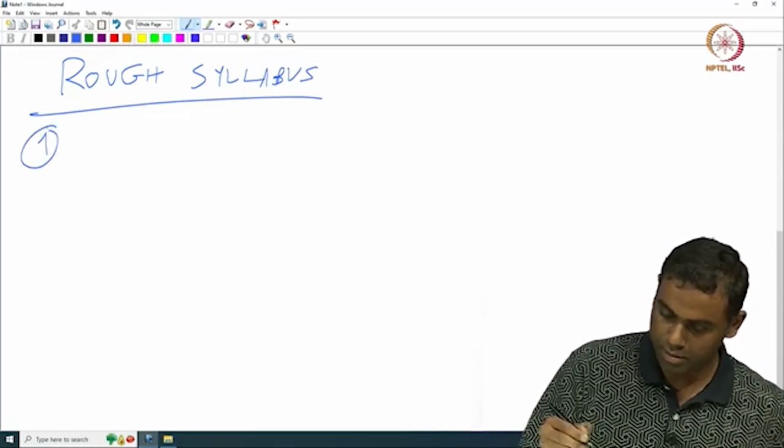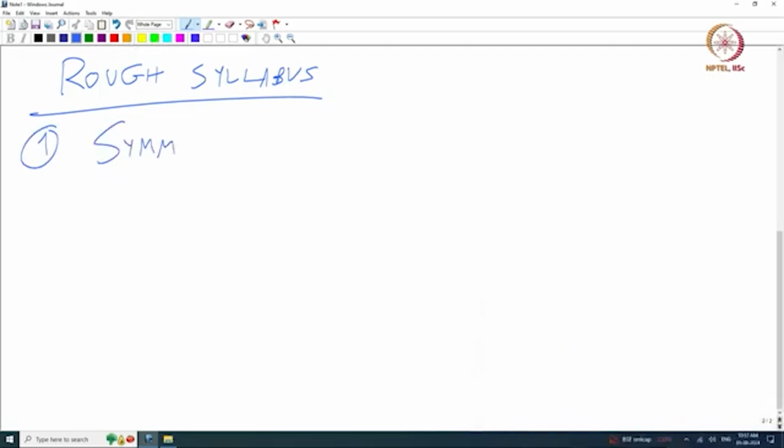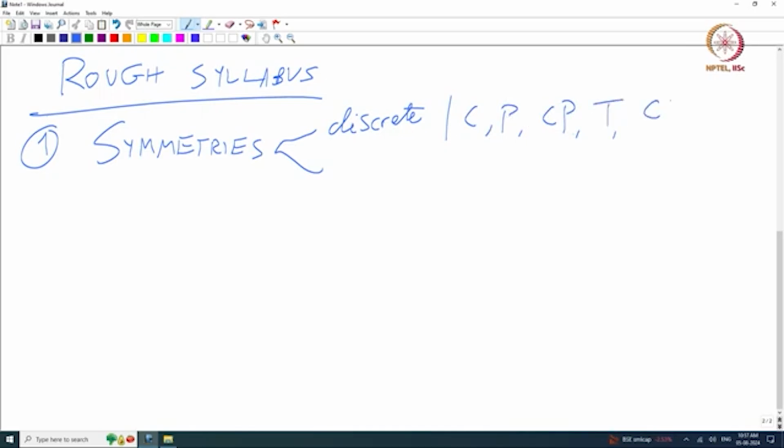So, first symmetries, okay, and in particular we will deal with discrete symmetries, things like charge conjugation, parity, combinations of those, time reversal, combinations of those, and so on. All right, and how these dictate how the world looks.